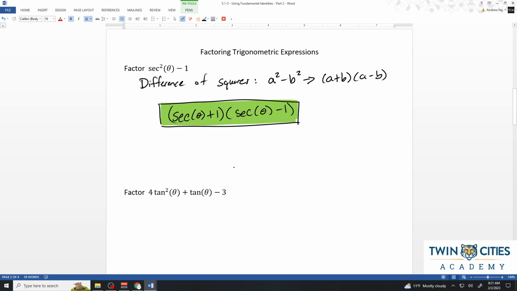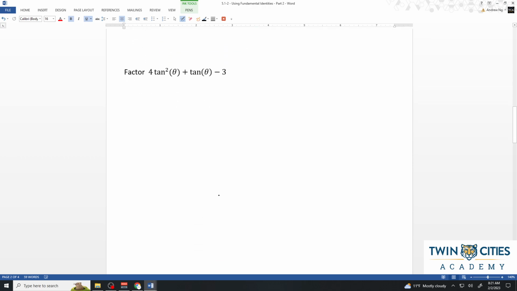We could also have something like this. Factor 4 times tangent squared of theta plus tangent of theta minus 3. Well, as it is, this looks fairly difficult. We've never done something like this before, where we've got to factor a bunch of tangents here.